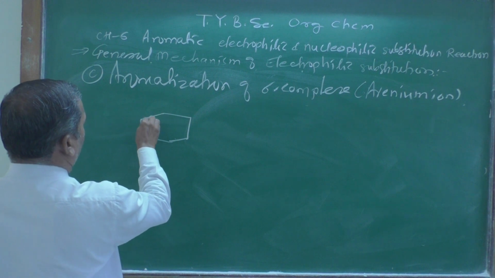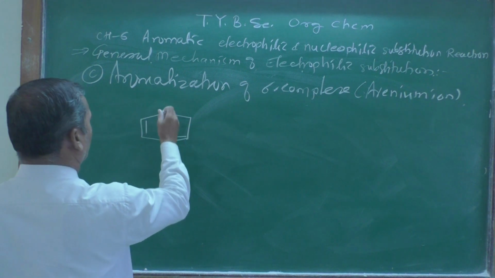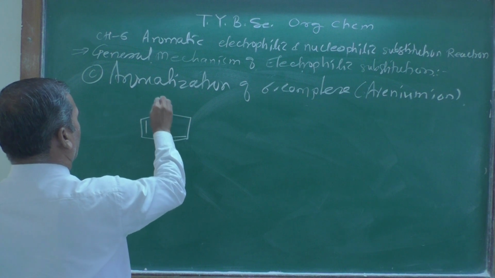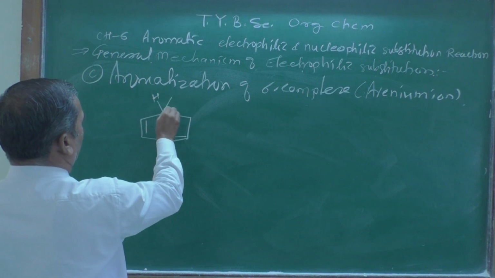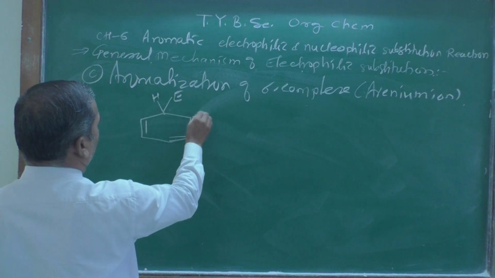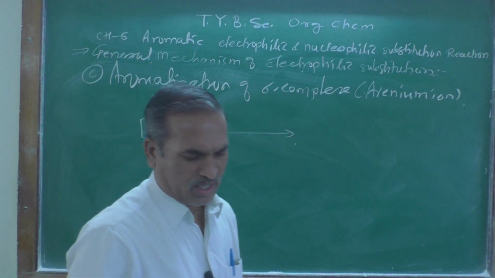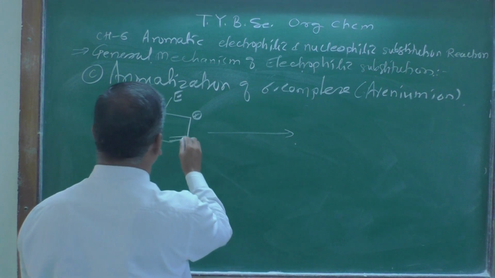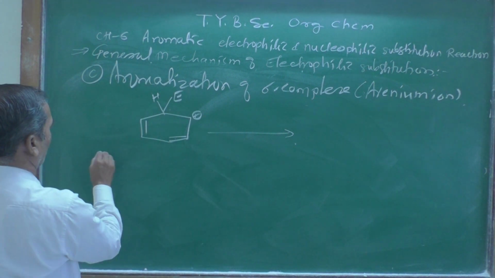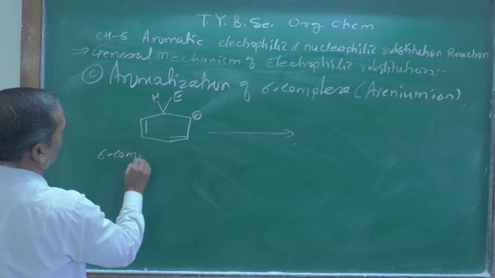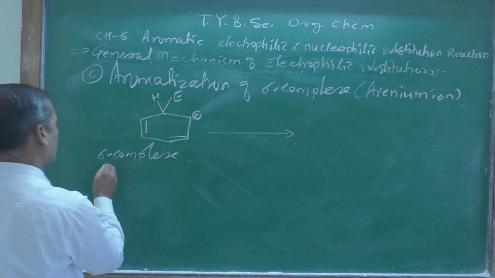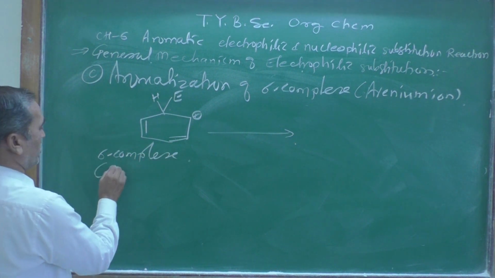Generally a double bond here and another double bond here. Here I am writing one hydrogen atom, and here the electrophile may be a positive charge. While doing that aromatization, this is a sigma complex, which is known as an arenium ion.